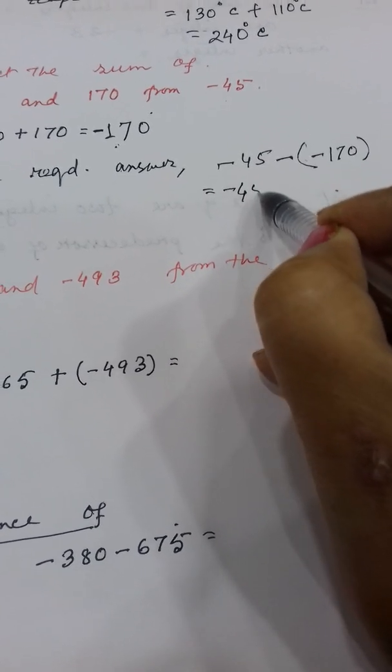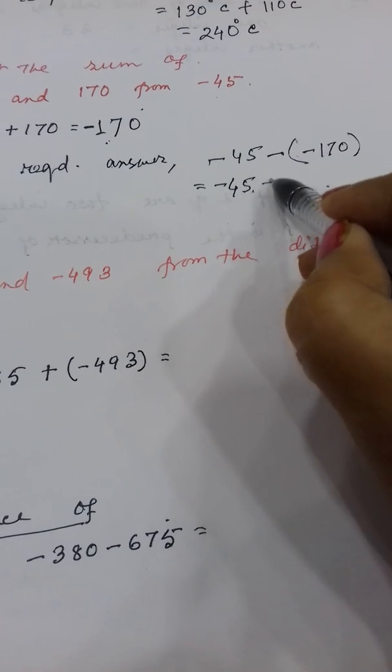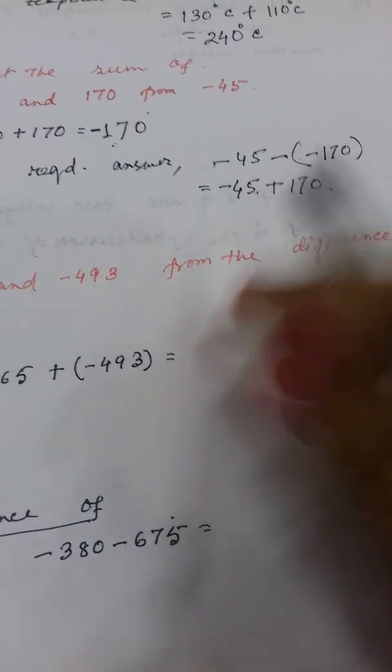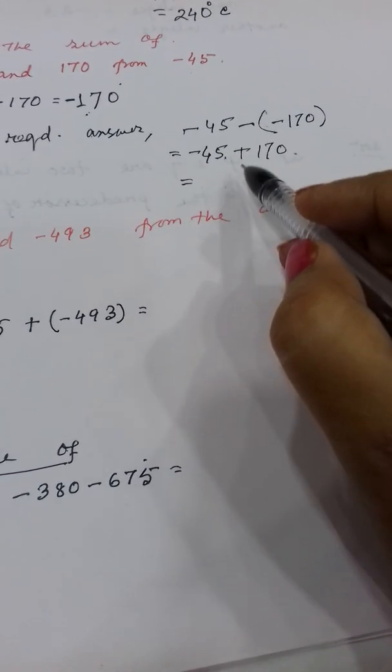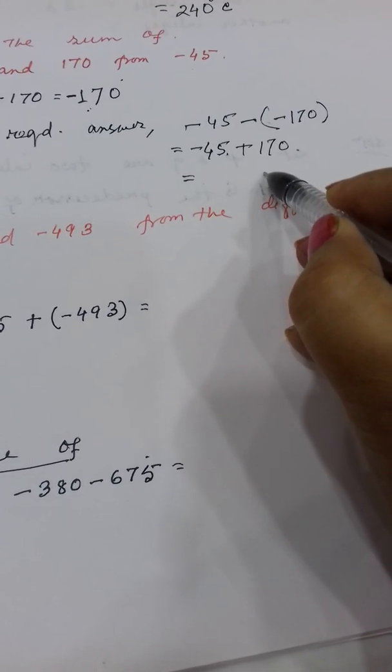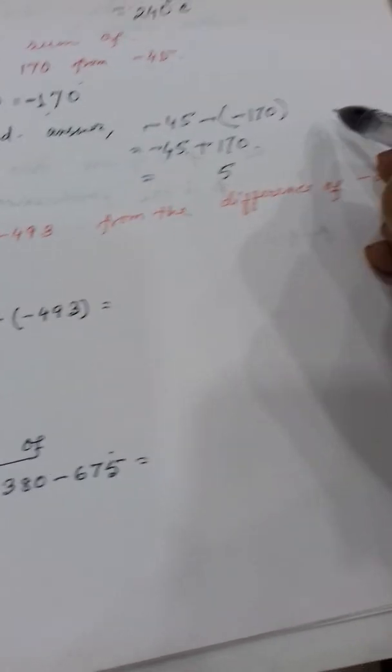Now you open the bracket, minus minus plus 170. Now it is plus minus minus. 10 minus 5, 5. 7 plus 1, 8.